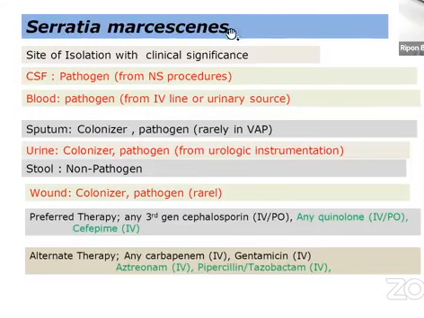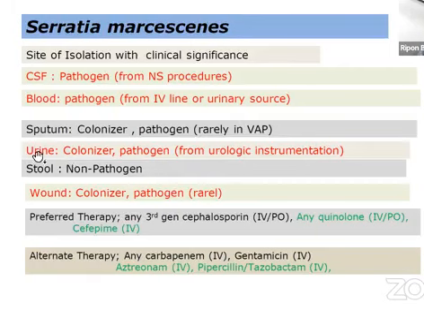Something about Serratia marcescens. They can be pathogenic in CSF, blood, but mostly they are colonizers in sputum, urine, stool, and wound. And here also it is pathogenic under different conditions, as mentioned for Haemophilus influenzae, like neurosurgical procedure in CSF, urinary source or IV source, IV line to the bloodstream, pathogenic.